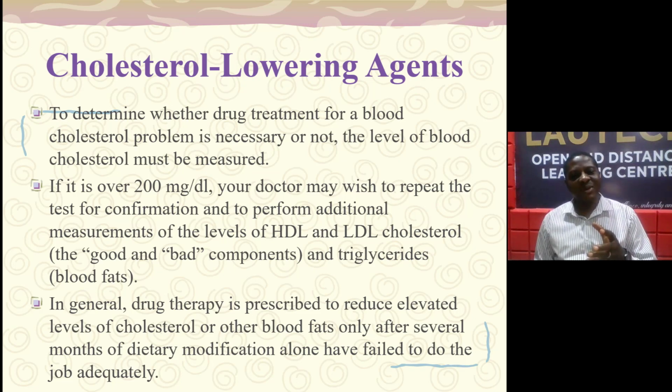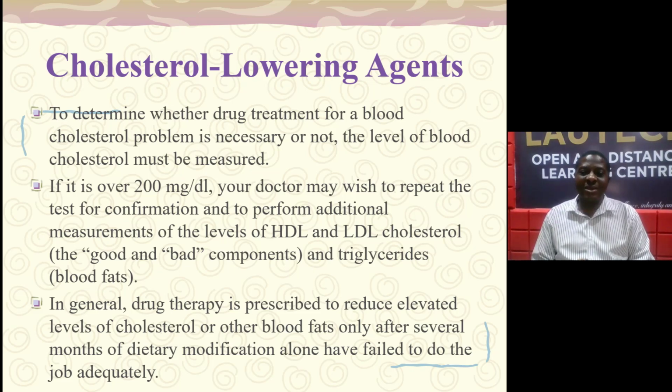So what that statement simply means is that if the outcome of the blood cholesterol level turns out to be over 200 milligram per dL, the physician may require a repeat of the test to further confirm, and to know the level of the types of cholesterol we have.